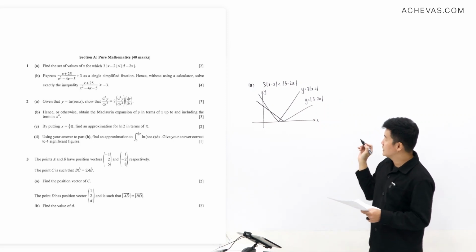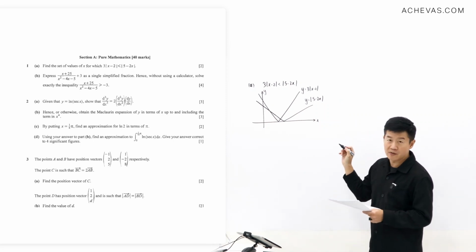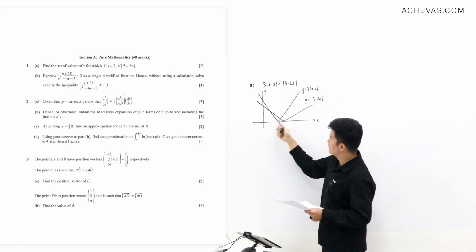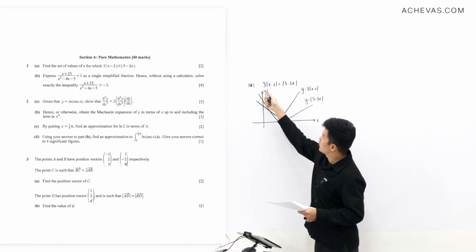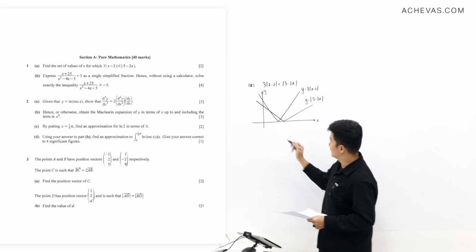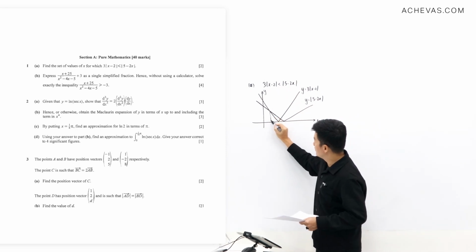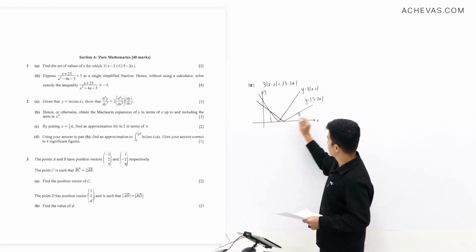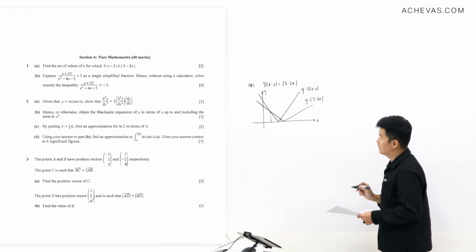If we plan to use these two graphs to find the set of values of x that satisfies this inequality, we are looking for the values of x such that the y coordinates of this graph are less than the y coordinates of the other. We can see that happening between these two points.